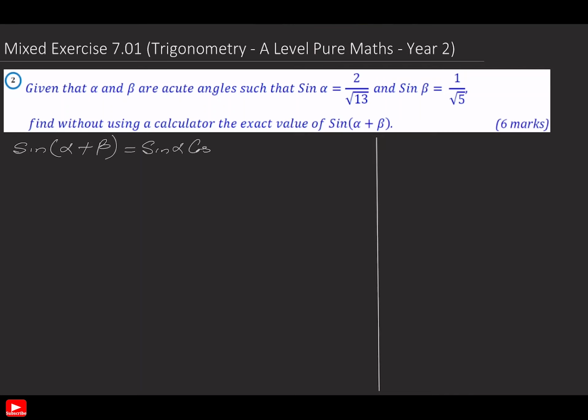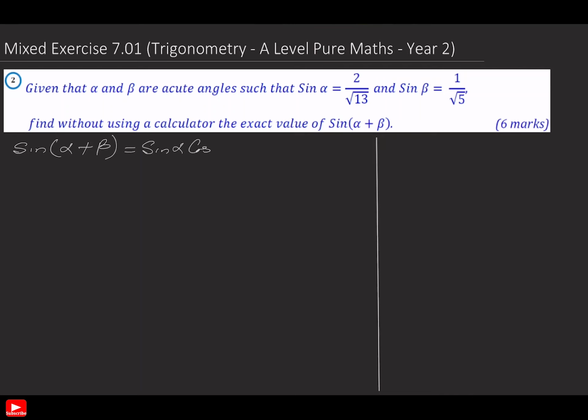So now I can write down my values for the cosine of alpha and the cosine of beta. From here, cos alpha will be equal to 3 over root 13. And from here, cos beta is equal to 2 over root 5.